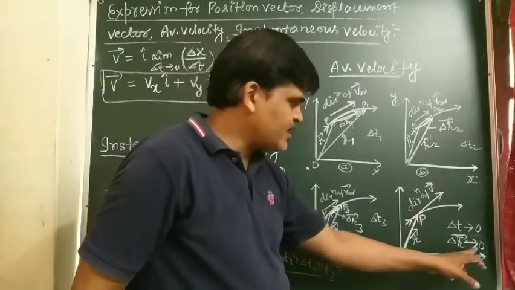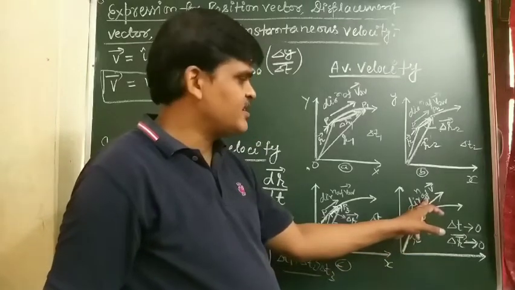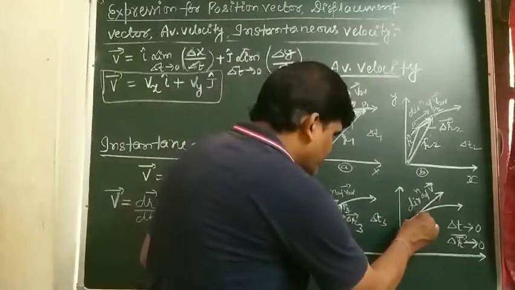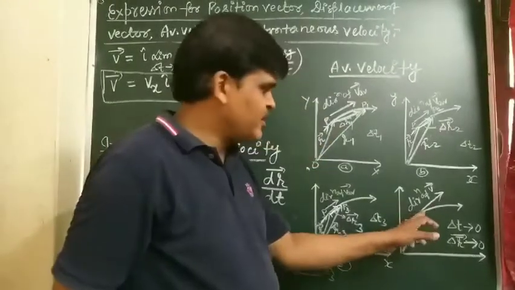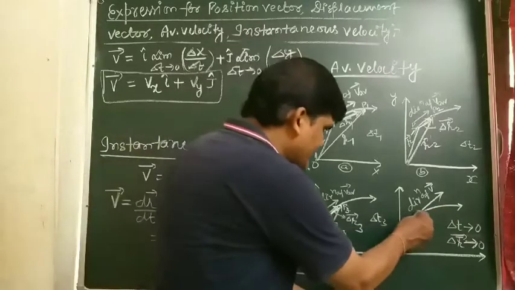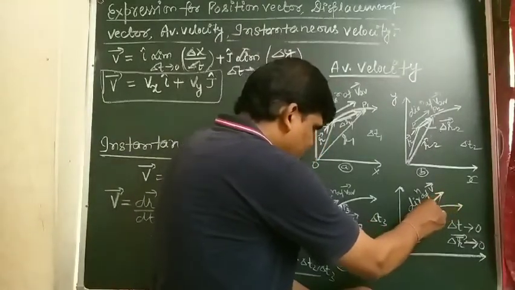When delta r tends to 0, it means the direction of instantaneous velocity, simply velocity, is tangent to the path of the object at any point, tangential to the given point.